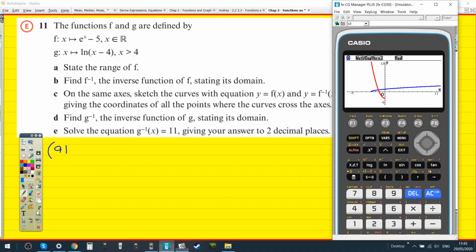I think you could just graph it and see what it looks like. Yeah.